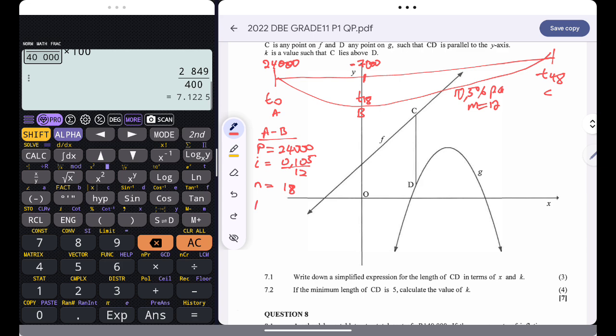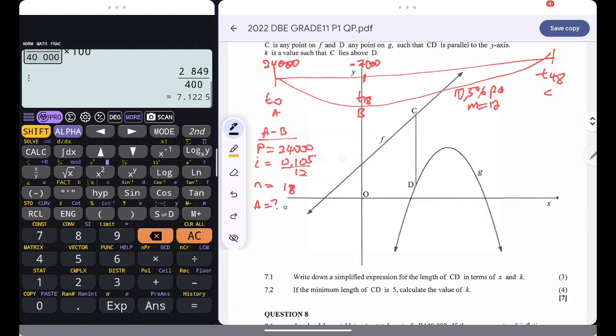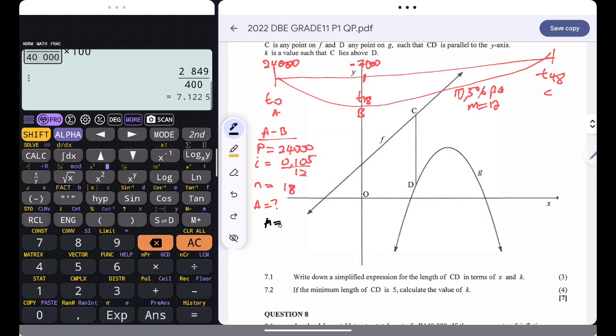I just want to find the value of A. I'll simply use my formula, which says A equals P(1 plus i) to the n. This is 24,000 rands times (1 plus 0.105 all over 12) to the power 18.